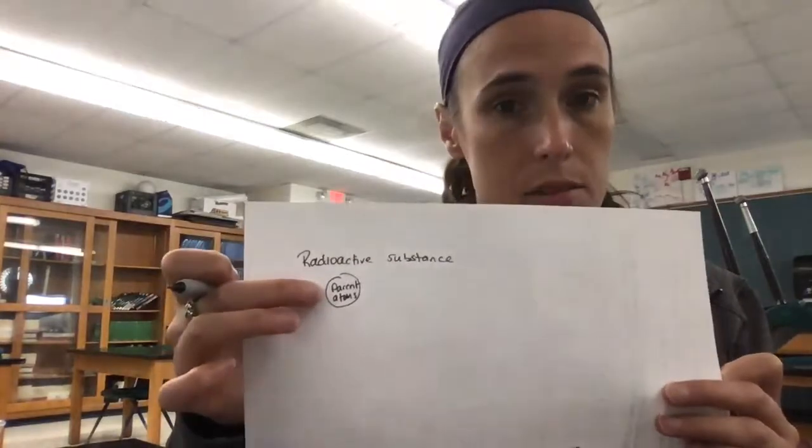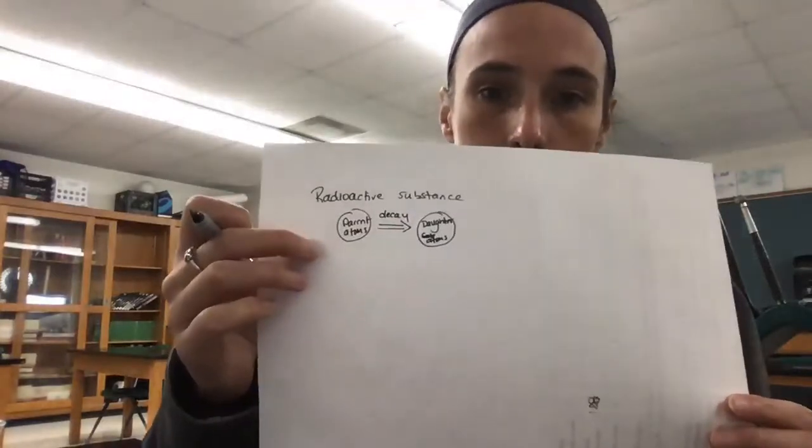These parent atoms are kind of out of control, but they'll decay, they'll break down, and they'll actually get smaller and turn into a different substance. That substance is called a daughter substance, and since we're looking at Skittles, we'll say daughter atoms.